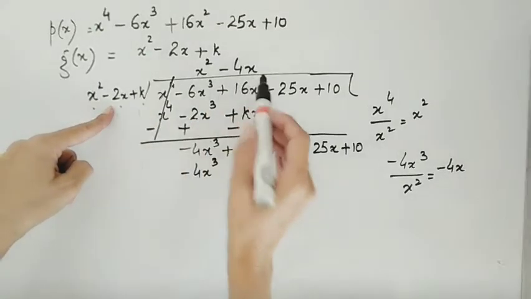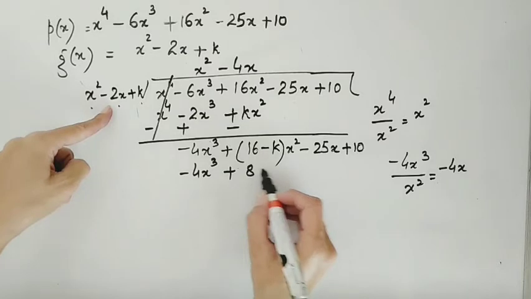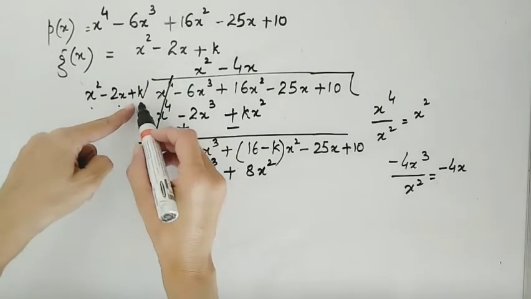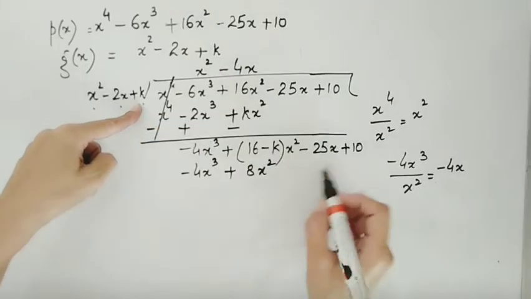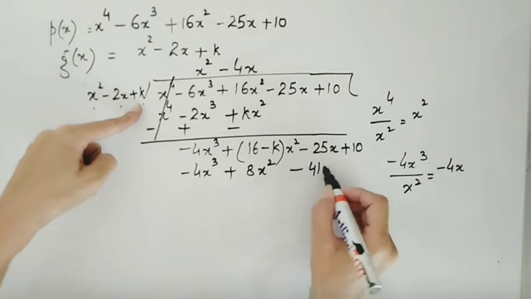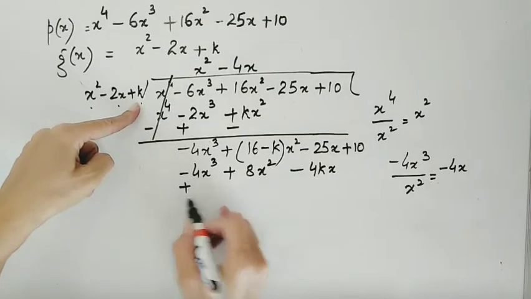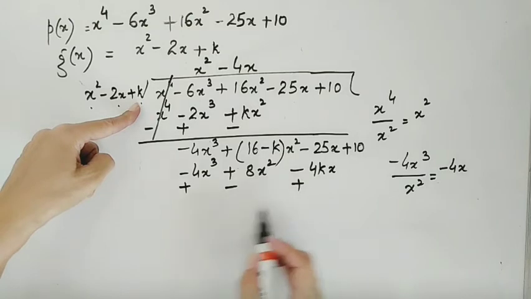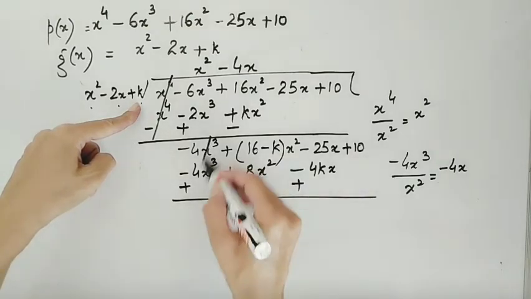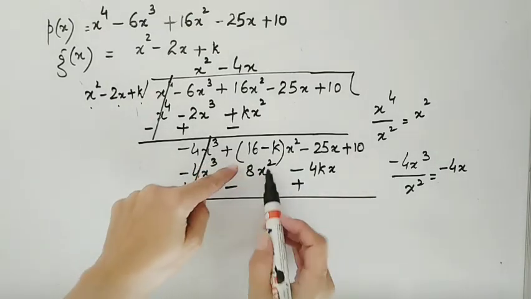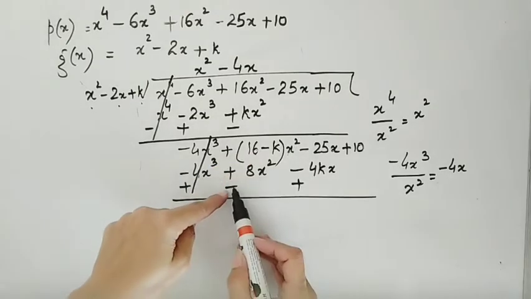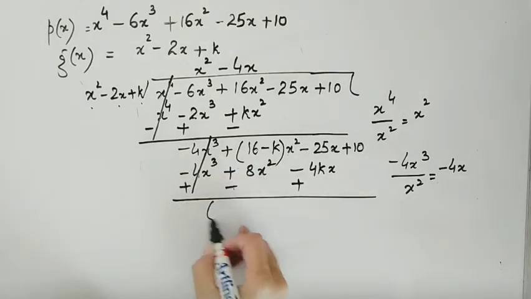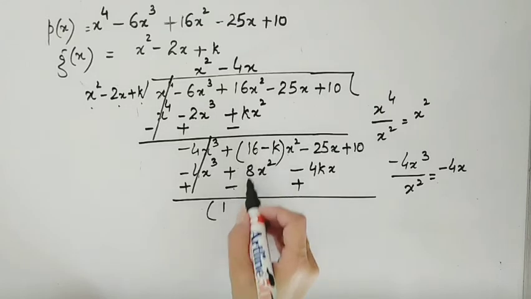Minus 2x times minus 4x would be positive 8x square, and this is minus 4 times kx. Change of sign, this is plus, this is minus, this would become plus. Cancel 4x cube.